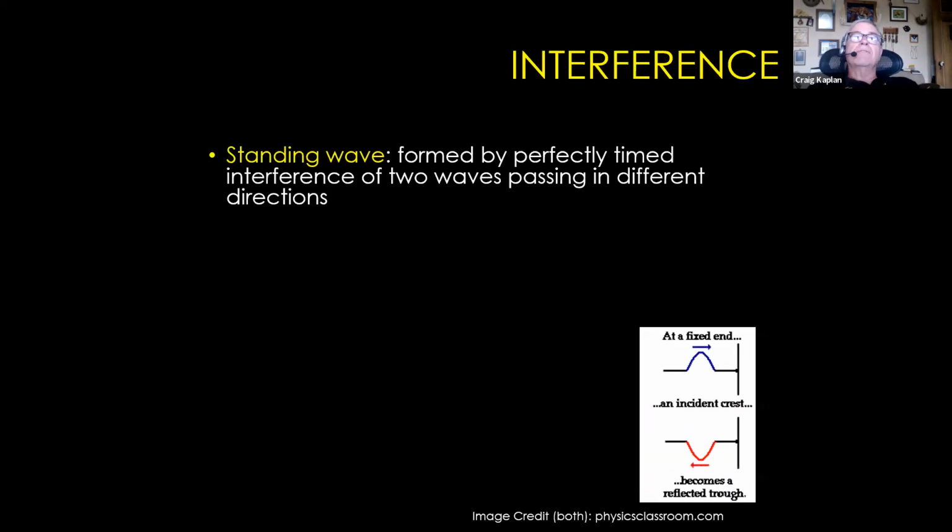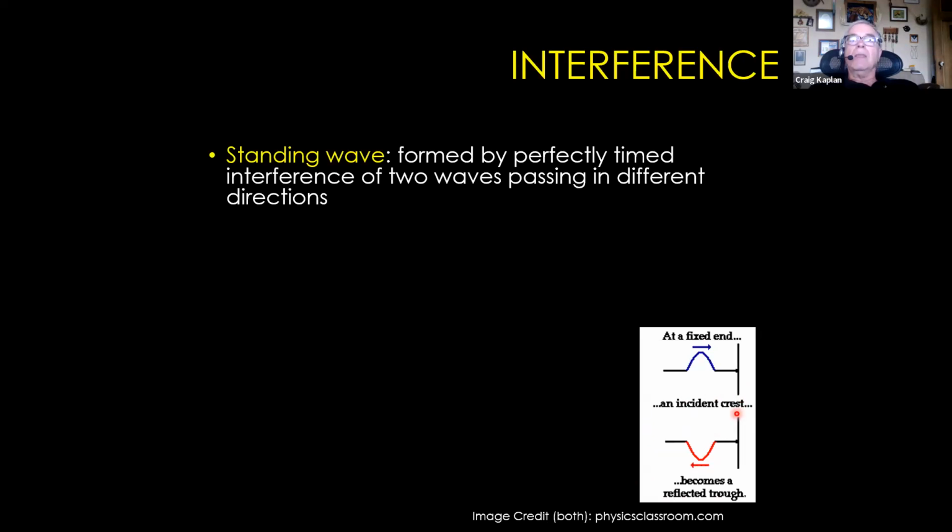A standing wave is formed by perfectly timed interference of two waves passing in different directions. So if you have simultaneous waves entering from the right and entering from the left, they will become standing, as in this diagram here.